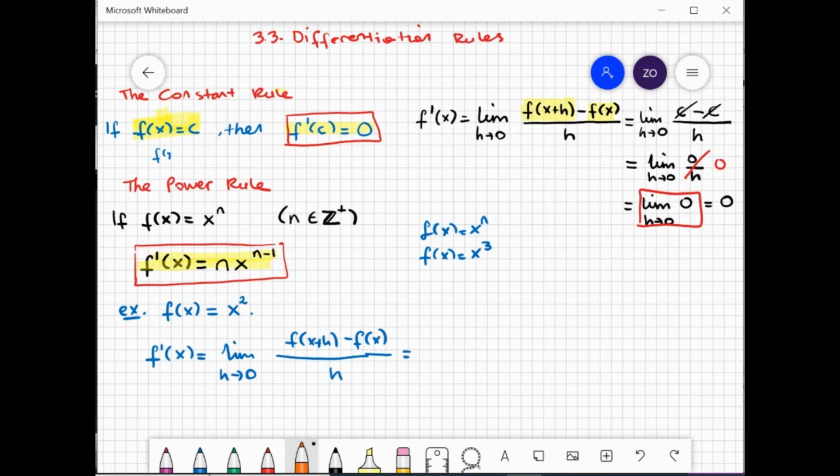So what is f of x plus h? Let's plug it in. It is x plus h squared, right? And what is f of x? It is simply x squared, divided by h. So this is how we will find the derivative of x squared.